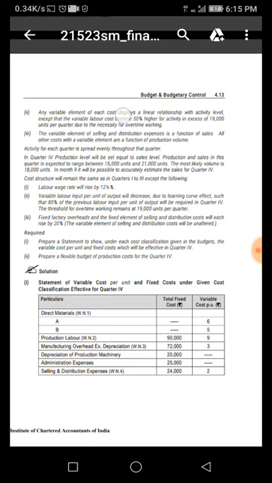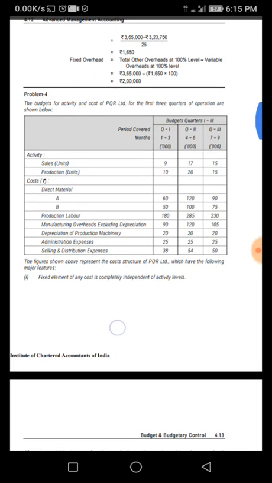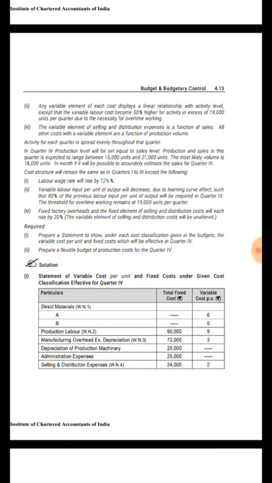Each cost classification means direct material is a cost, direct labor is a cost, production labor is a cost, manufacturing overhead is a cost, depreciation is a cost, administration is a cost, selling and distribution expenses is a cost. So under each cost classification given in the budget, the variable cost per unit and fixed cost which will be effective in quarter 4.